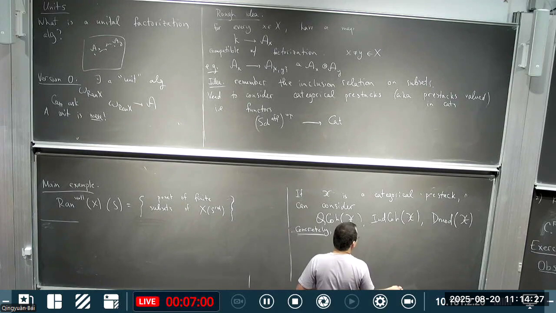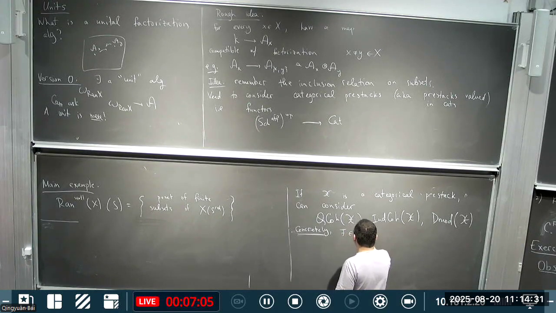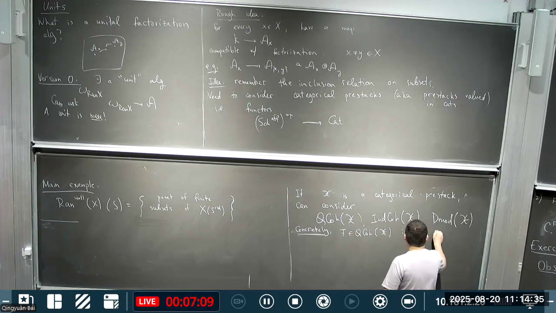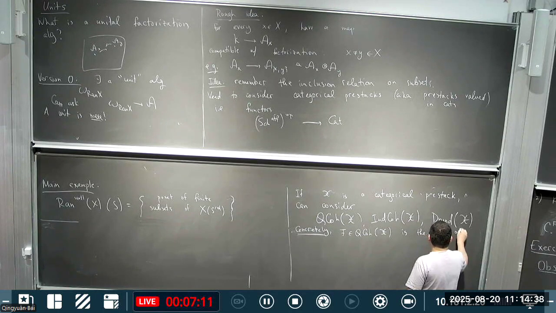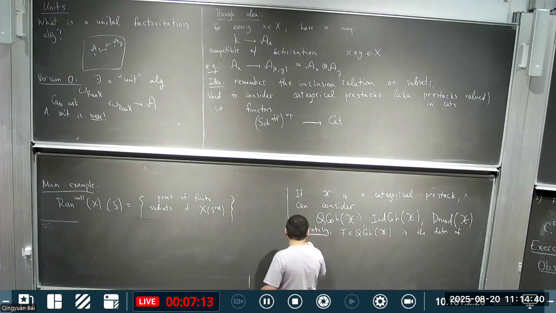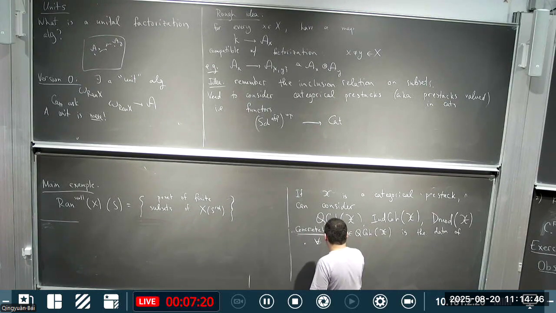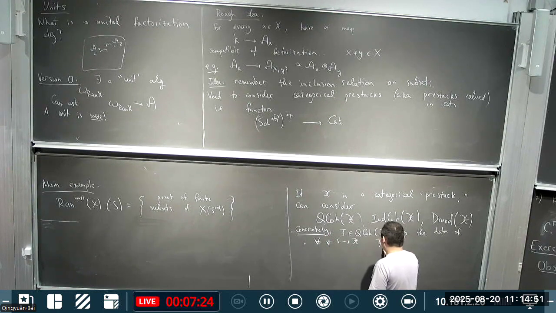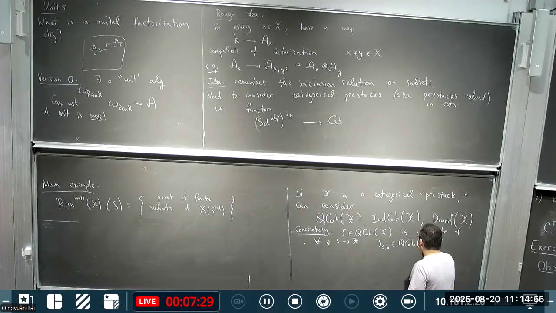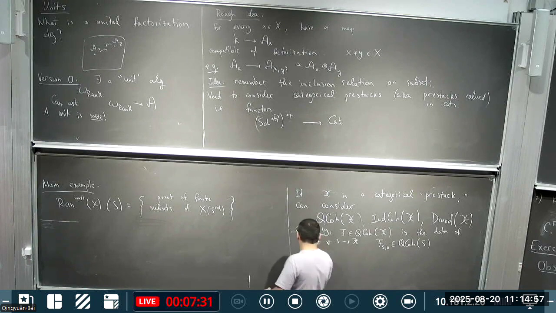Let's say F, a quasi-coherent sheaf, is the data of, first of all, for every S point in X, a quasi-coherent sheaf on the thing.